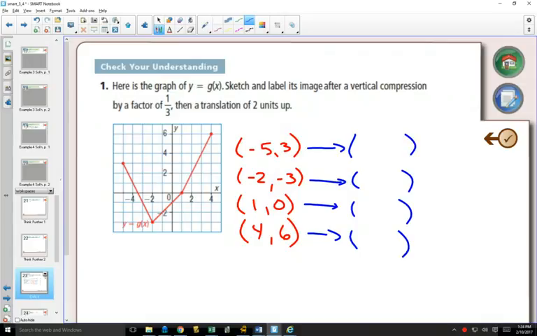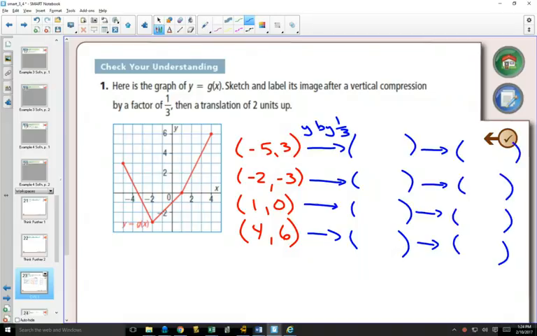Now, we'll always, in our first arrow, do all of our stretches and compressions. We have a vertical compression by a factor of 1/3. That will mean that your y values are going to get multiplied by 1/3. And then we're going to move it 2 up.